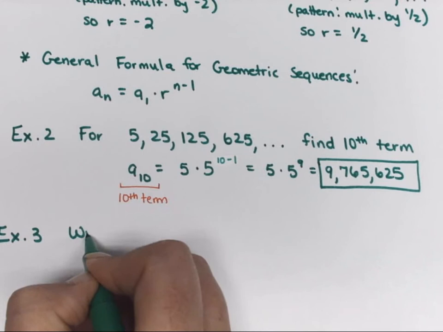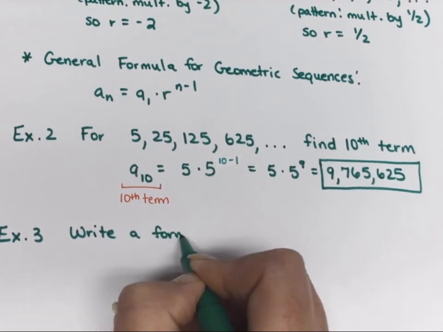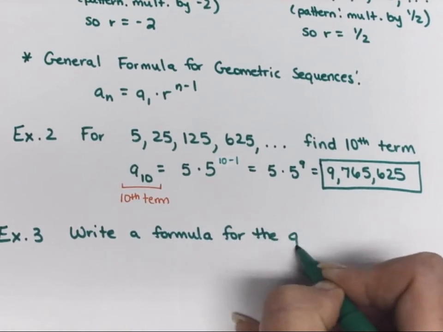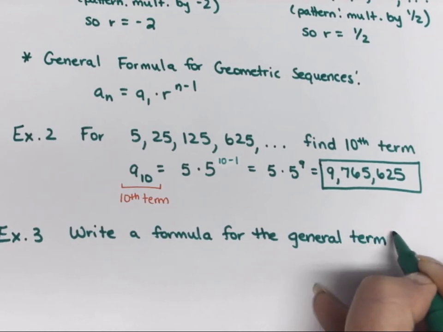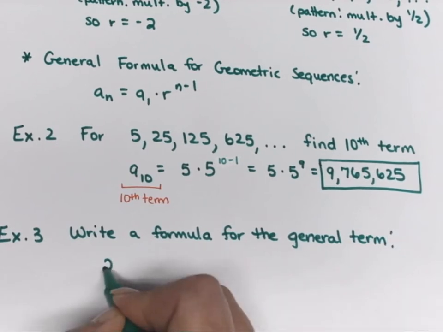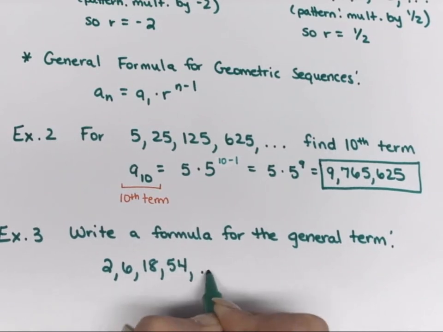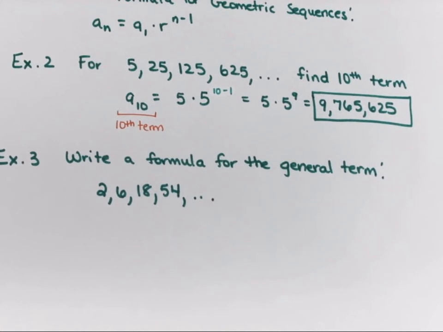Okay, so what if I told you to write a formula for the general term for this sequence? 2, 6, 18, 54, and so on.